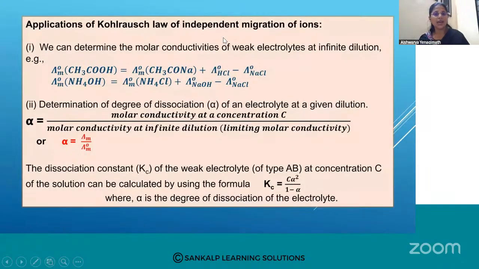Kohlrausch law says that the limiting molar conductivity, which is denoted by lambda m naught. So what is limiting molar conductivity? When C tends to 0, the molar conductivity becomes the limiting molar conductivity.